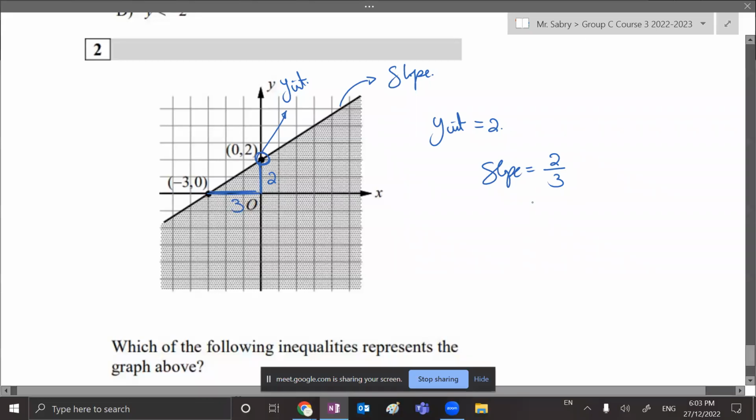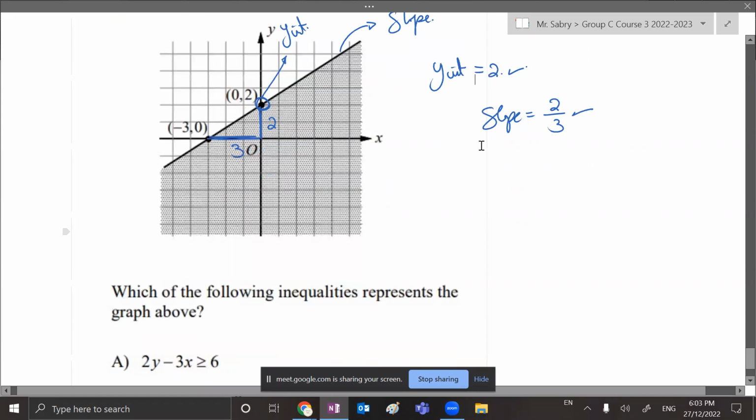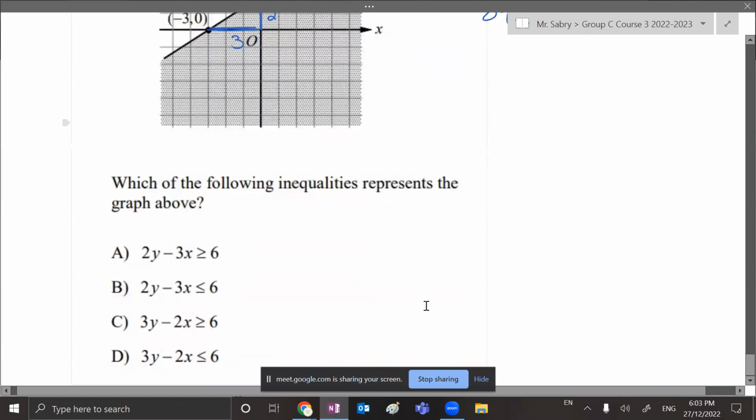So as we were just saying, now the slope is 2 over 3 and we got the y-intercept. Now we have to check every one of those inequalities, the slope and the y-intercept. Remember that these follow the same standard form, ax plus by equals c, where the slope is negative a over b and the y-intercept is c over b.